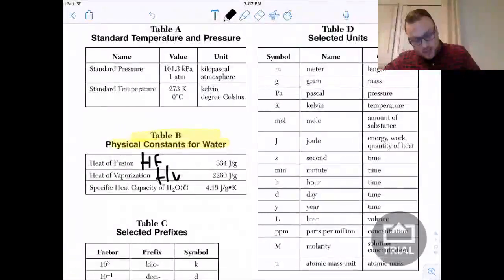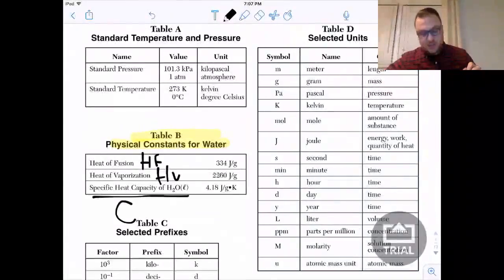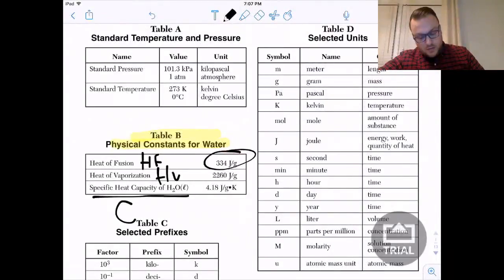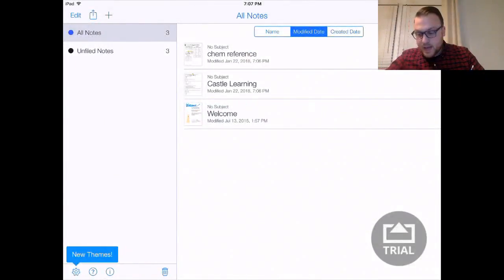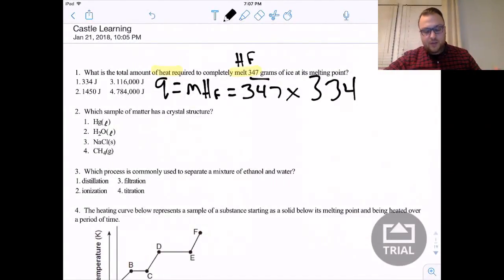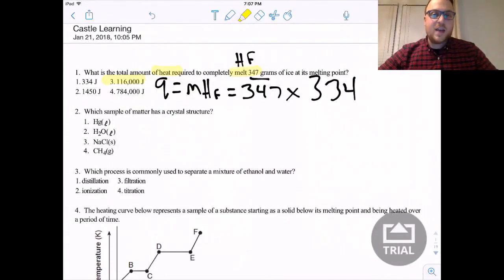And then specific heat capacity is C, which is what you'll use if you have a Q equals mC delta T problem, or MCAT, which is what I say all the time. So that's the value for HF. Go back, plug it into the equation, 334. You multiply those two together, and you will hopefully get 116,000 joules.